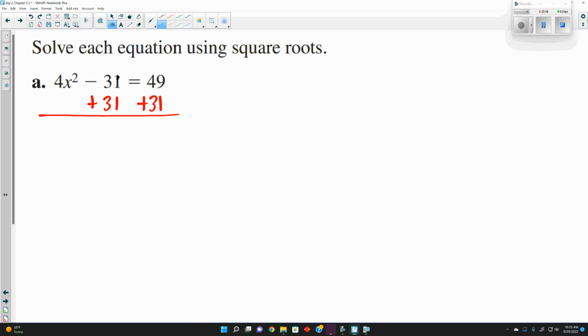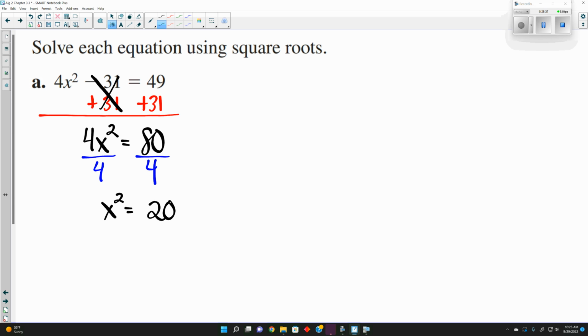So negative 31 plus 31 is 0, giving us 4x squared. Then what can we do next to get x squared by itself? And if we divide both sides by 4, 4x squared divided by 4 is x squared.